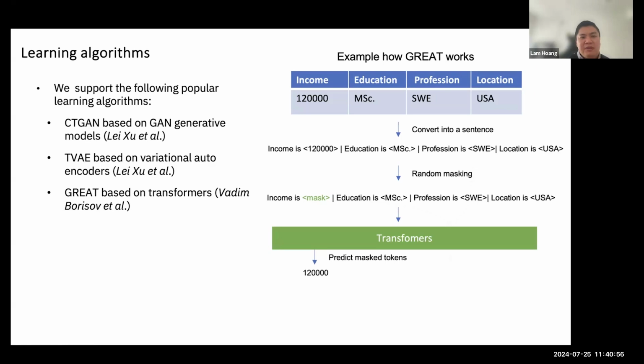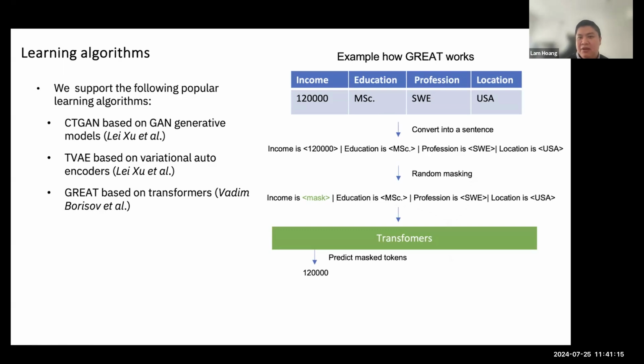An example of how the transformer is used here is quite interesting, and this is in the work by Vadim Borisov. He transformed the tabular data into a kind of text data, right? It's not even really text, in order to use the transformer.